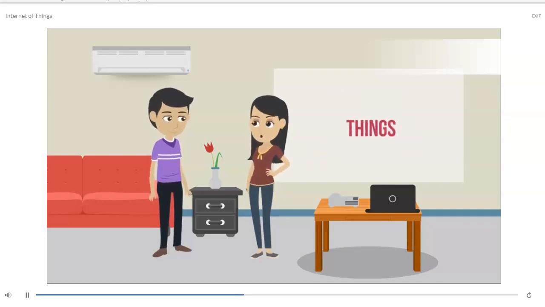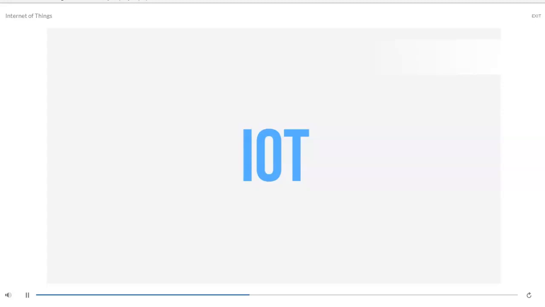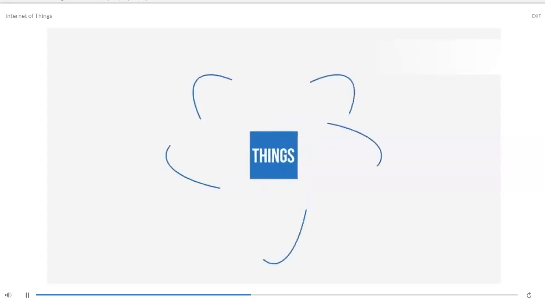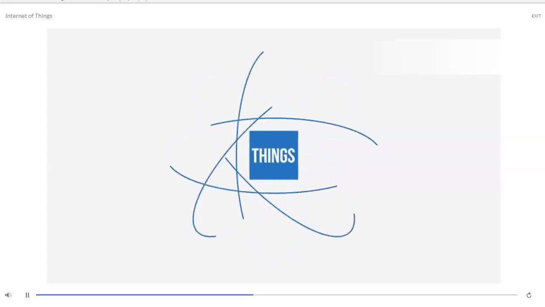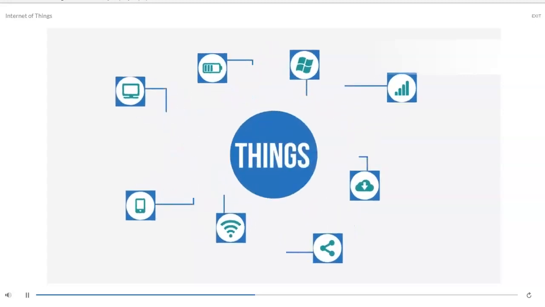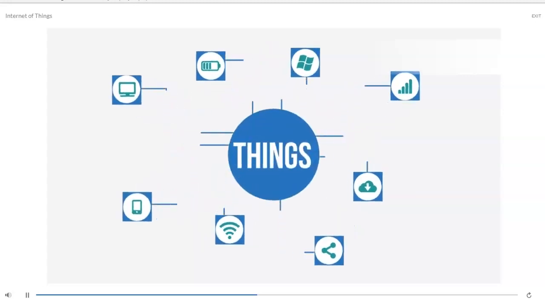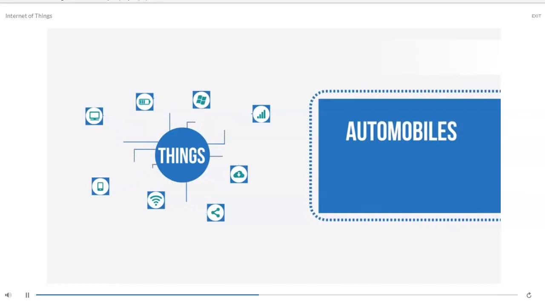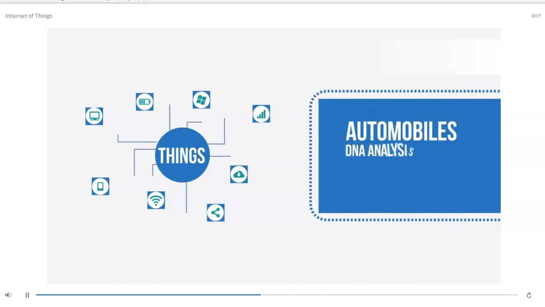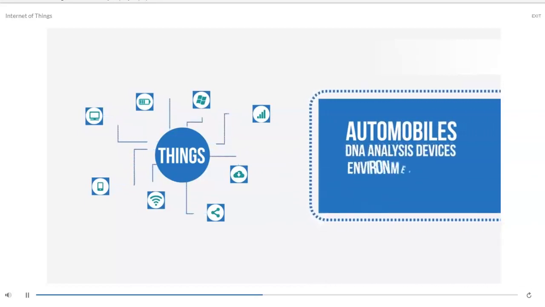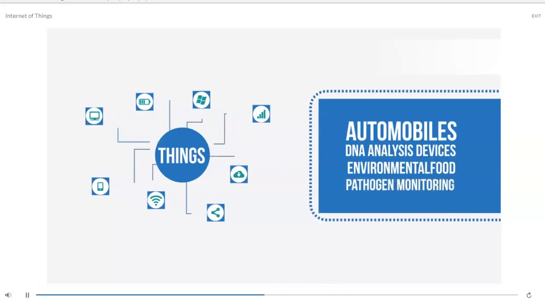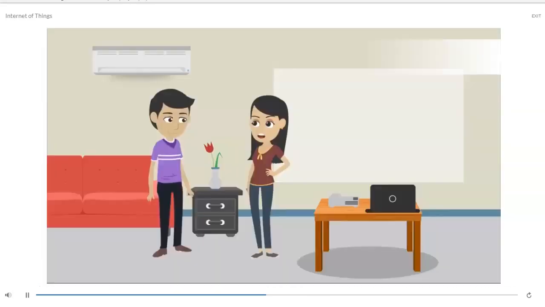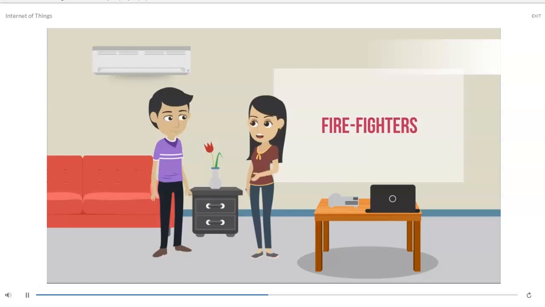Things in the IoT sense can refer to a wide variety of devices, such as heart monitoring implants, biochip transponders on farm animals, electric clamps in coastal waters, automobiles with built-in sensors, DNA analysis devices for environmental or food or pathogen monitoring that assist firefighters in search and rescue operations.